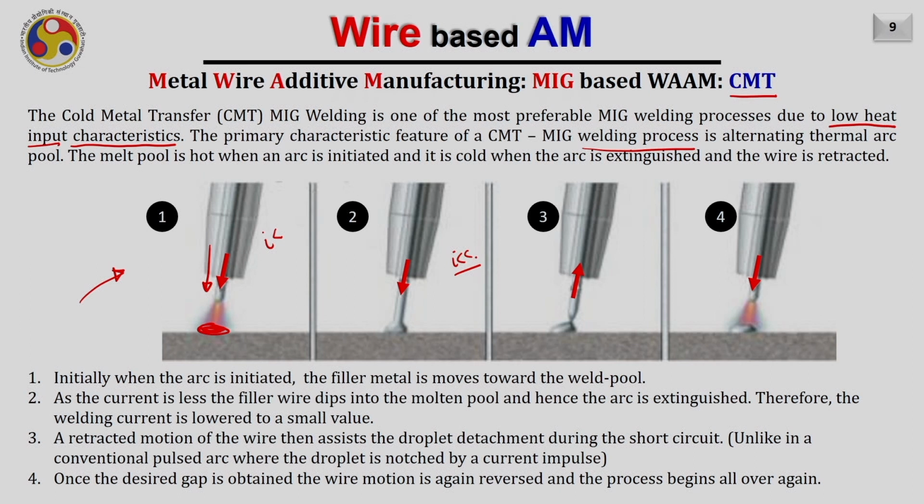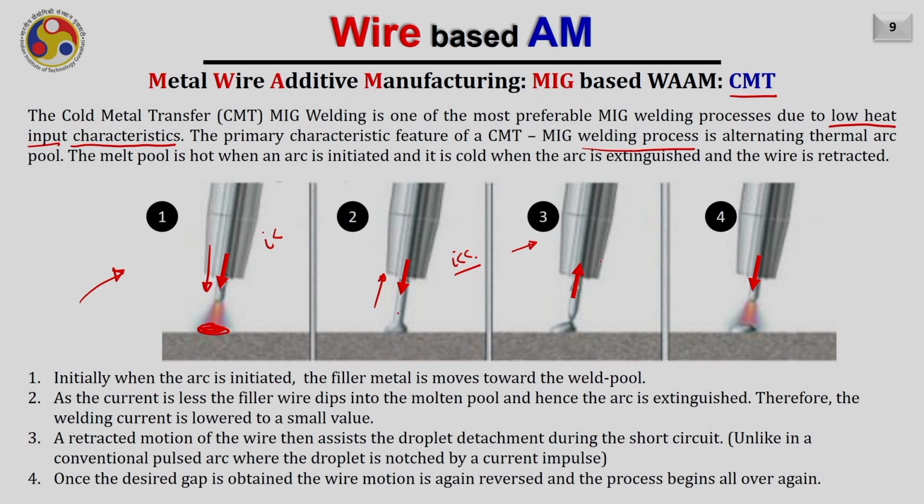Now, in the conventional process, to detach the wire from the substrate, we increase the current at this stage, and then the wire gets detached and leaves a droplet on the substrate. Unlike that, in the case of CMT, we move the wire backward, as you are seeing in the third step.